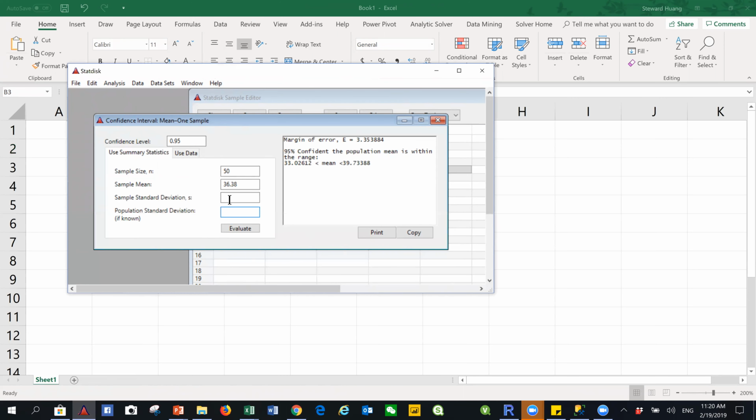If you plug in here, you see 3.43, the same. So statistics and Excel give you the same margin of error, and sample mean plus margin of error gives you the upper bound right here, and sample mean minus margin of error gives you the lower bound.